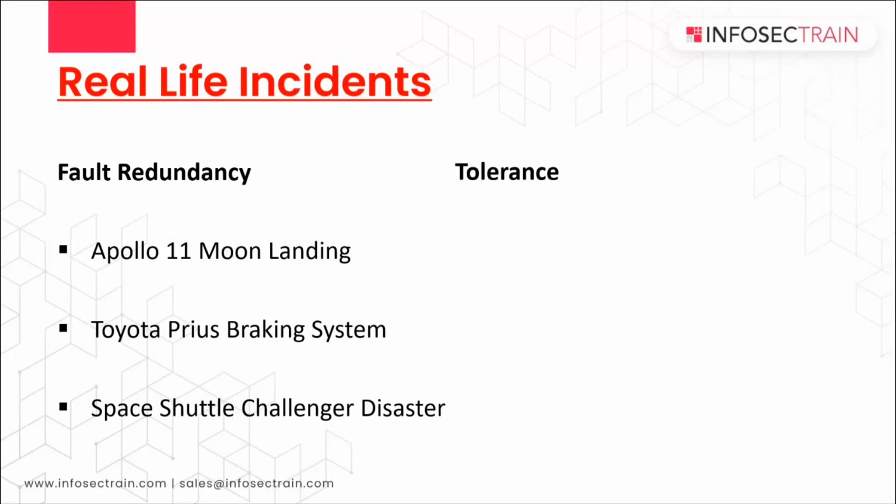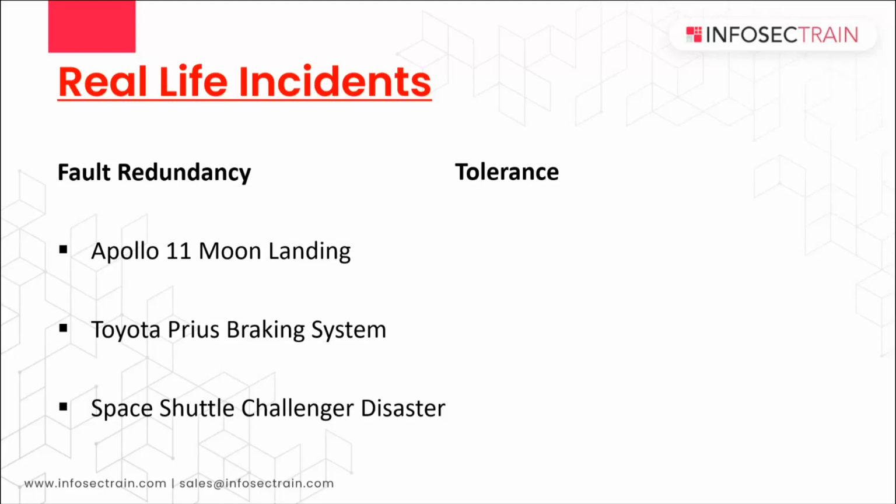One of the contributing factors to the disaster was a lack of fault tolerant design in the o-ring system, which made it vulnerable to failures under certain conditions. So these incidents demonstrate the importance of fault tolerance in critical systems such as space vehicles, automobiles, and computer systems as well.